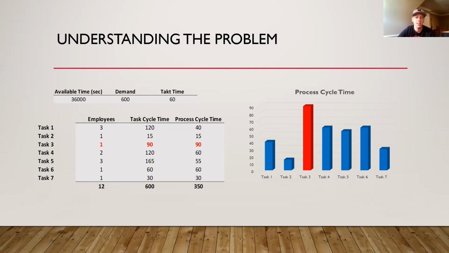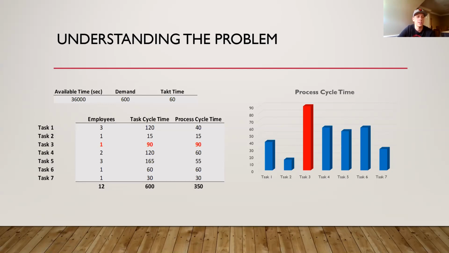What that means is either the employee who works in task number 3 is rushing through their task, adding potentially incorrect protein or not enough protein, right? Because he or she has to move really quick in order to keep up with the demand.